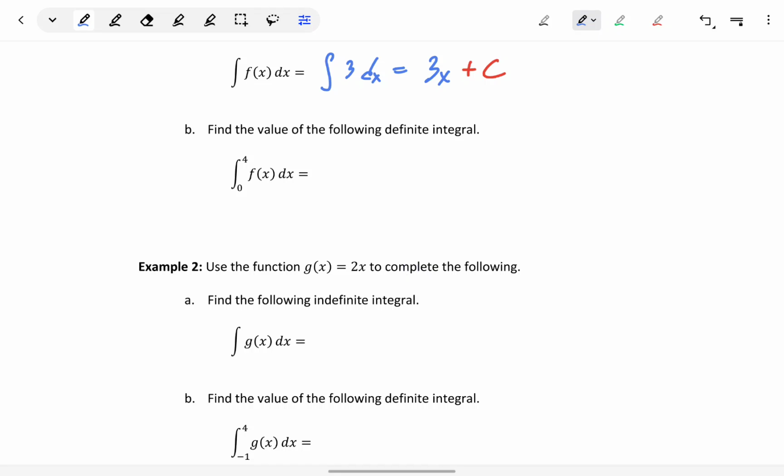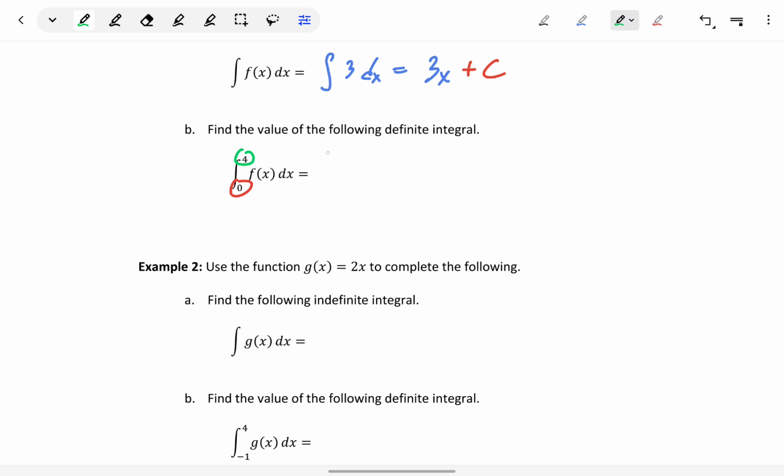Now that we have that indefinite integral, or the antiderivative, what we can do is evaluate this function at x equals 4, at x equals 0, and then subtract those two results.